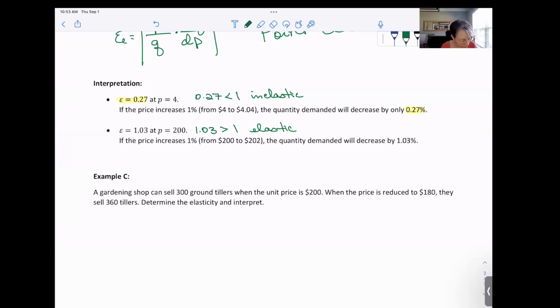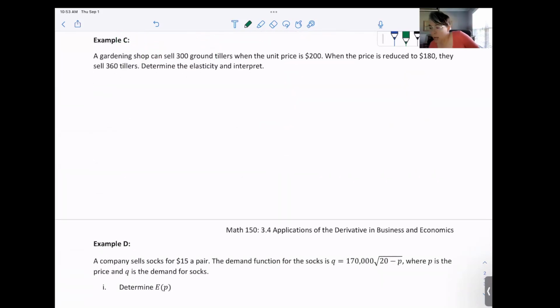Okay, let's do a couple of examples. Here we have a gardening shop that can sell 300 ground tillers when the unit price is 200. When the price is reduced to 180, they sell 360 tillers, and we want to determine the elasticity and interpret it. It doesn't matter which we put first. Let's say we're doing the price and then the quantity.